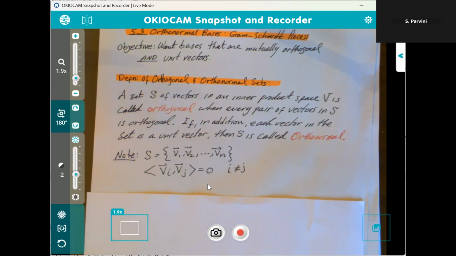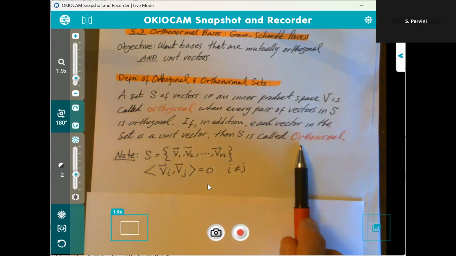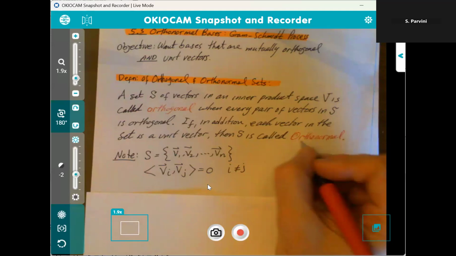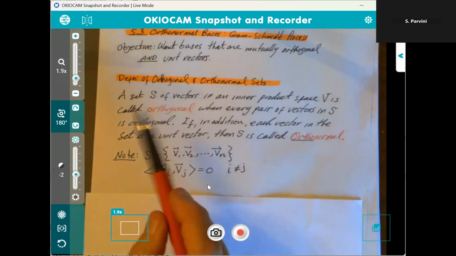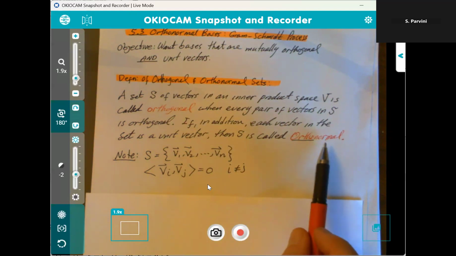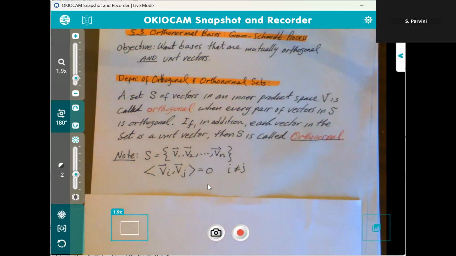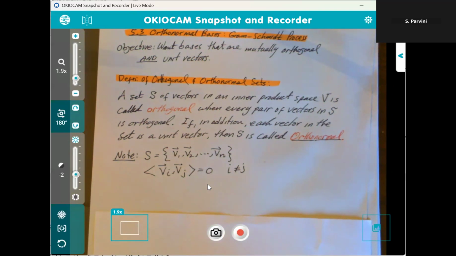Now, in addition to being orthogonal, if each vector in the set is a unit vector, that means a vector of length 1, magnitude 1, then this set is called orthonormal. Ortho, the first part of the word orthogonal, and then the normality, orthonormal, because you normalize the vector, turn it into a vector of magnitude 1. So that's why it's called orthonormal: orthogonal and normalized.